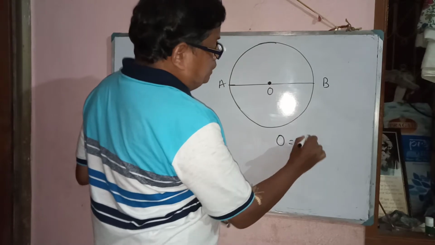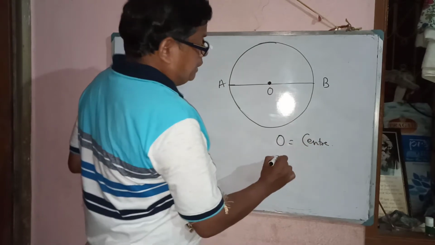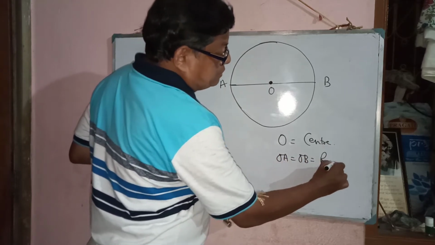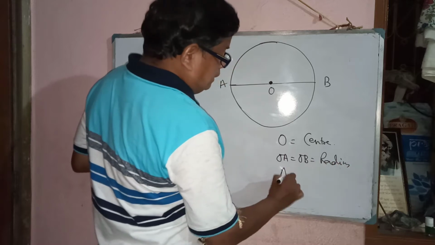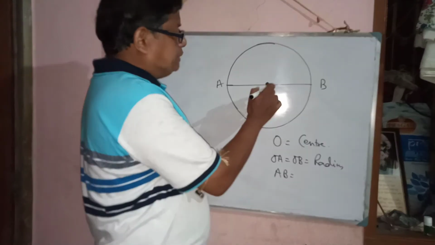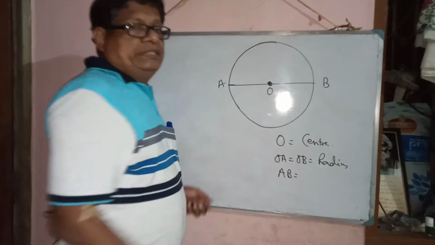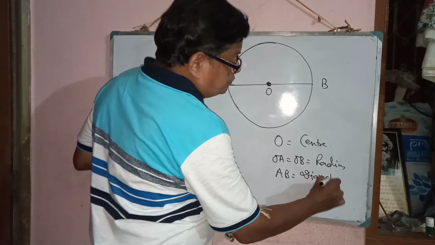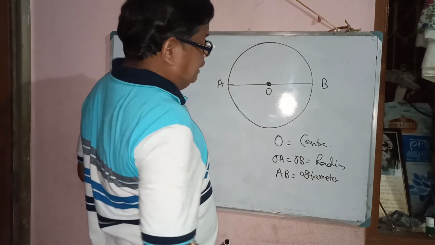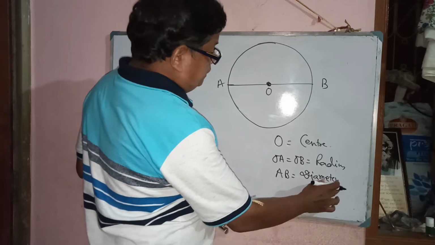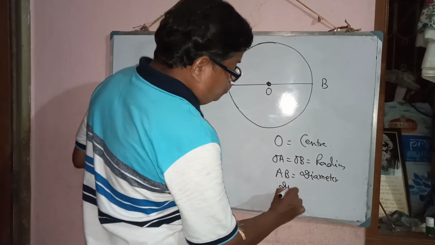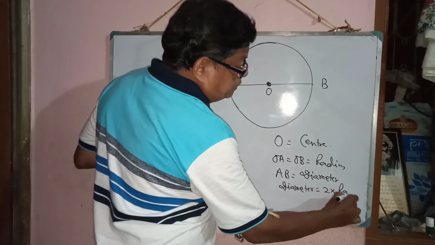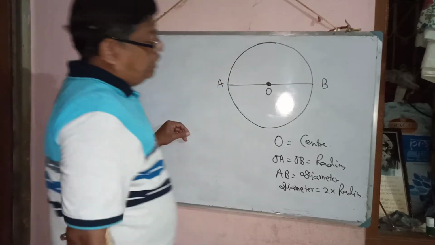OA equals OB equals the radius, and the line which passes through the center is called its diameter. The diameter equals 2 into radius, as all of you know.